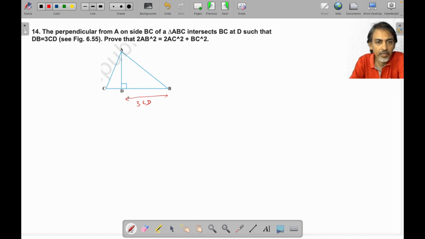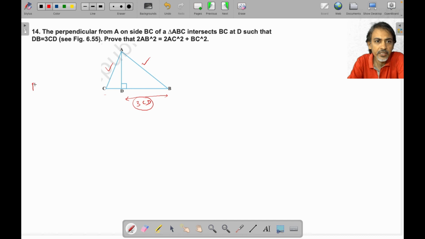Any time when this kind of entity is given, you try to resolve it in the bigger side generally. Why? Because when you look at what you need to prove, what we have over here is AB square, which is this side, AC square is this side, and BC square is this, right? You do not have CD or BD, right?